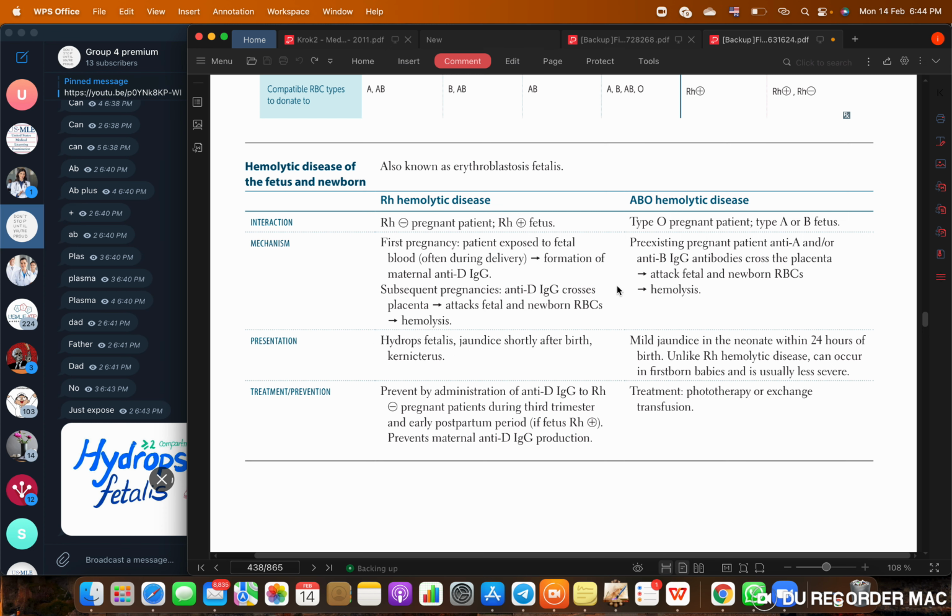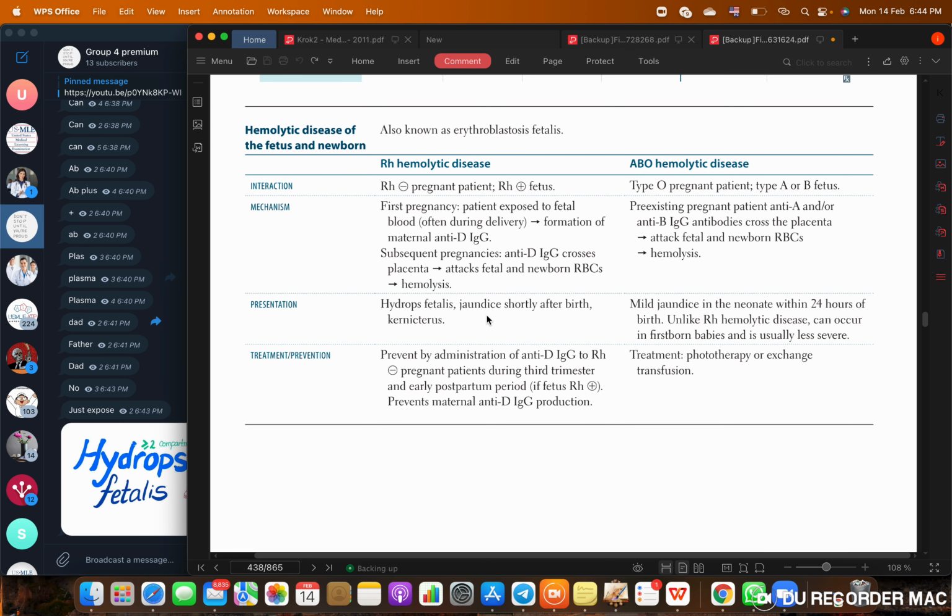The next thing we have here is jaundice shortly after birth and kernicterus. Basically, this baby is having a humongous amount of antibodies against him from his mother. He's a second child. Sadly, nobody liked the second child. So he will get the antibodies and they will destroy all of his RBCs. What happens after you destroy the RBCs?